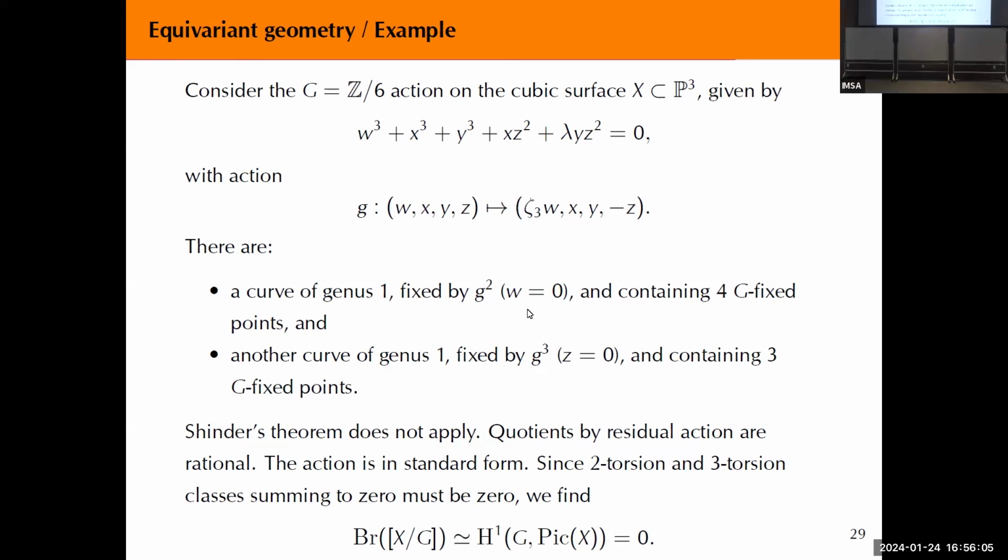And so for 2-torsion and 3-torsion classes, if you have a stabilizer of order 2, then it's for the 2-torsion class, a stabilizer of order 3, the 3-torsion class, you sum them together. The only way they connect to 0 is level 0. So the Brauer group of the stack here is actually trivial. So for Z mod 6, the full action gives you trivial H1, but every subgroup gives you an open H1.